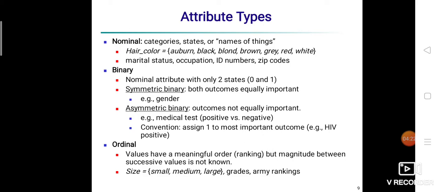In fact, negative numbers also have meanings. Without a true zero, it is impossible to compute ratios. With these types of interval attributes, we can add and subtract them, but we can't multiply or divide them.